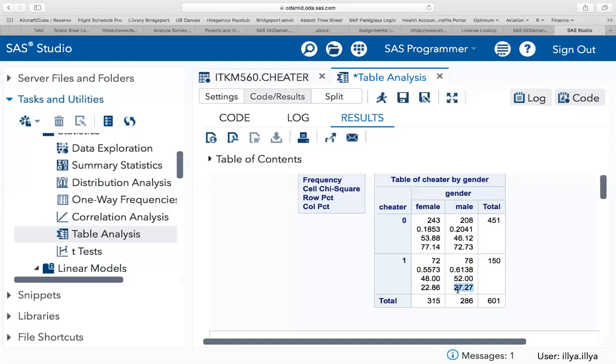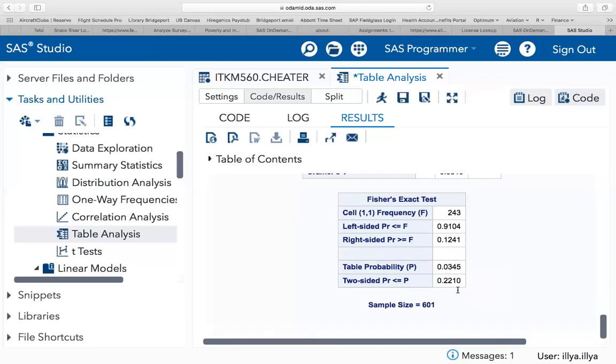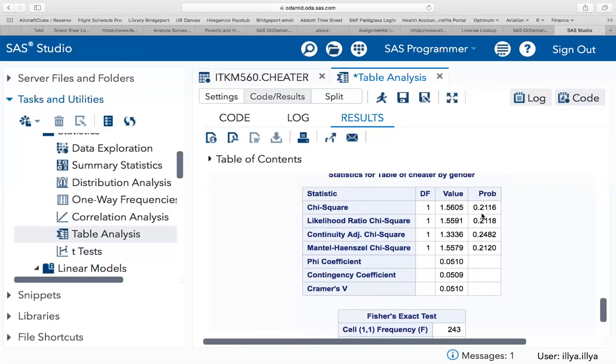They're bigger cheaters. But what this test is telling us, when we go down and take a look at our p-value, is that at the alpha 0.05 level, the difference is not significant. That's why we use statistics, because you have a 22% and a 27%. If you do a bar chart, 22 versus 27, there's a difference.